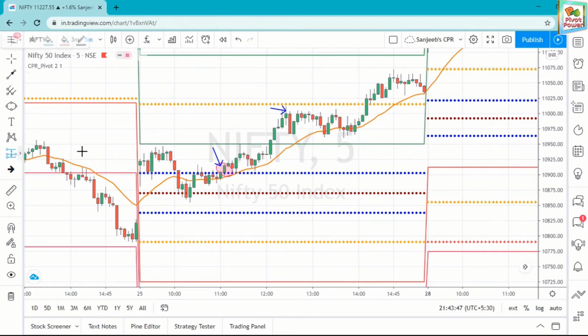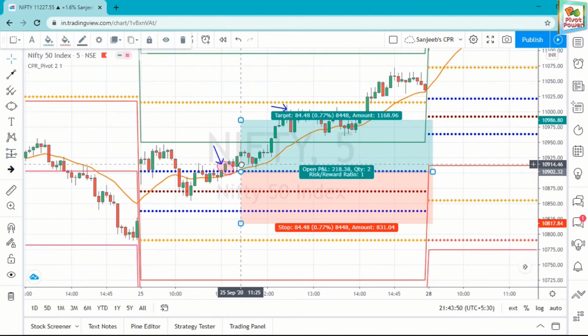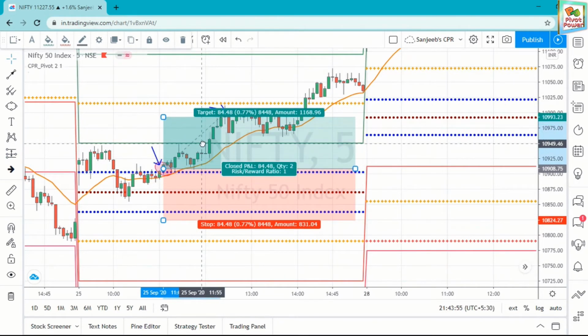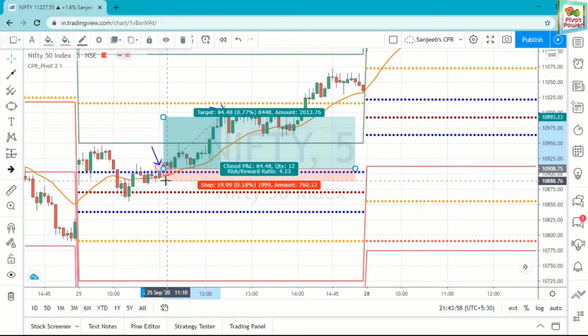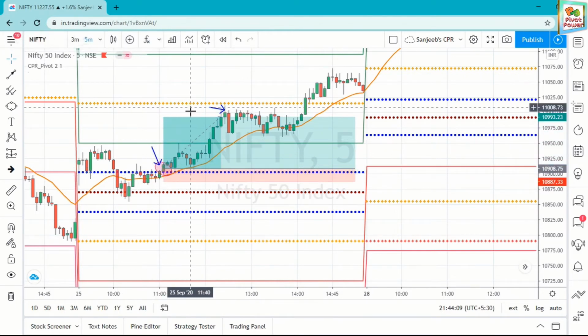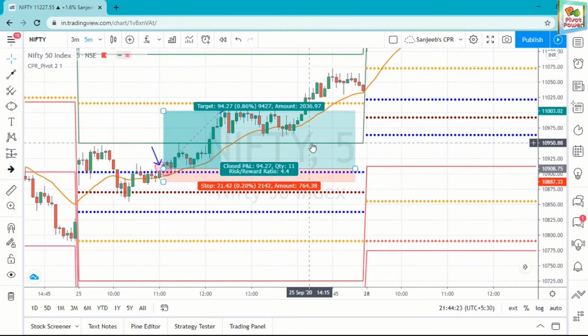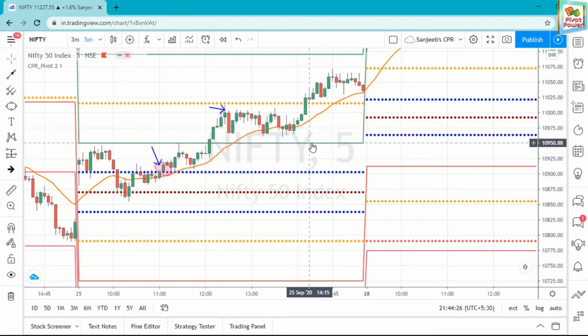In this, the entry is in this candle, and the stop loss should be below this candle or below the 20 EMA. Some room should be here, and the profit should be in this candle. Then what is the risk reward? It is more than 1:4 risk reward. This is the support and resistance.